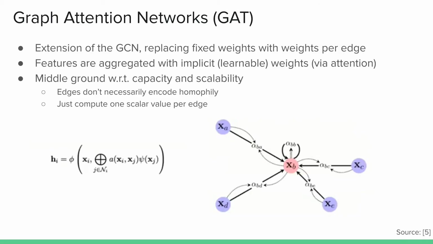So the features are aggregated now with this implicit weight that we learn via an attention mechanism. It's basically a middle ground between the graph convolutional networks and the message passing that you will see in a second. And the edges here don't necessarily encode homophily.